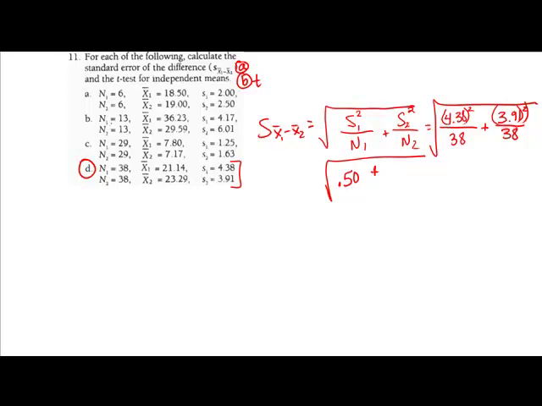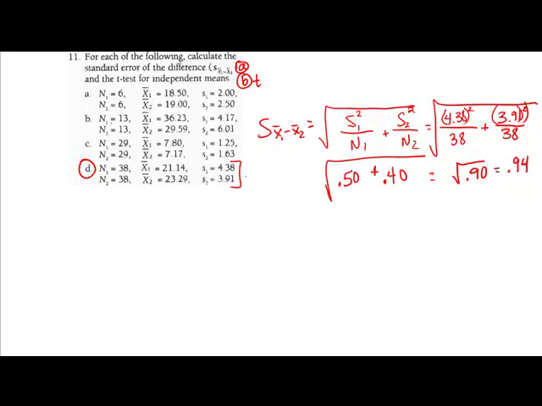3.91 squared is 15.28, actually 15.29. 15.29 divided by 38 is 0.4, gives us 0.5 plus 0.4, square root of 0.90, 0.94.